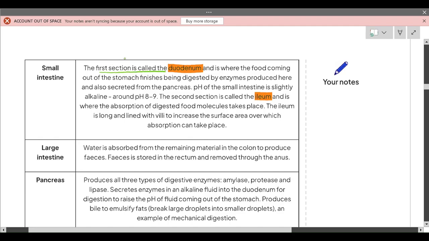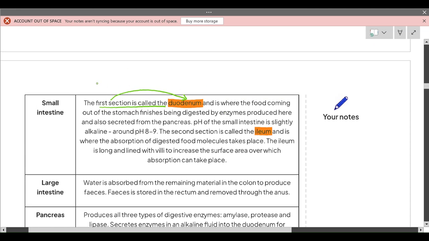The first section is called the duodenum, and here all the digestion that was previously started will be completed. So in the duodenum the digestion of all food substances takes place, and three different types of enzymes are present.